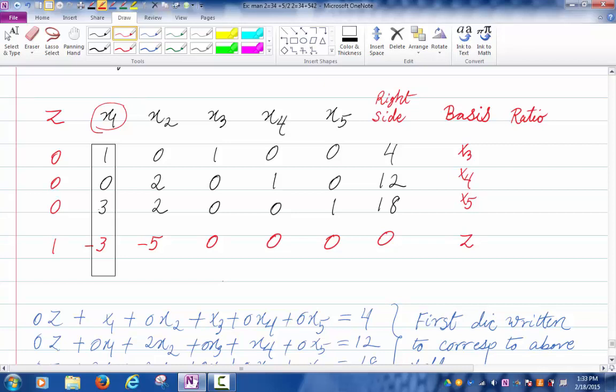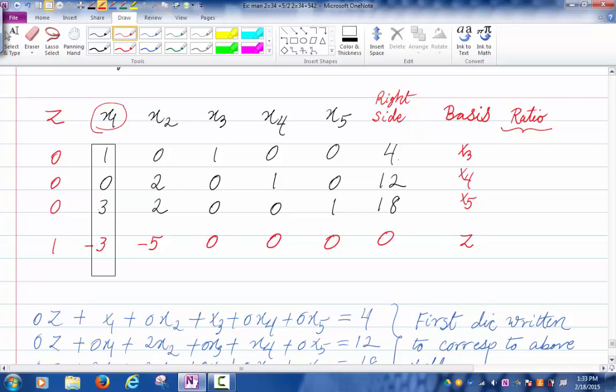Look at the pivot column, and look at only the positive numbers there. Which ones are the positive numbers there? Well, 1 and 3, right? Now divide the corresponding right hand side. So I said look at the ratios here, right? What I mean is to divide the right hand side by the positive entry of the pivot column.